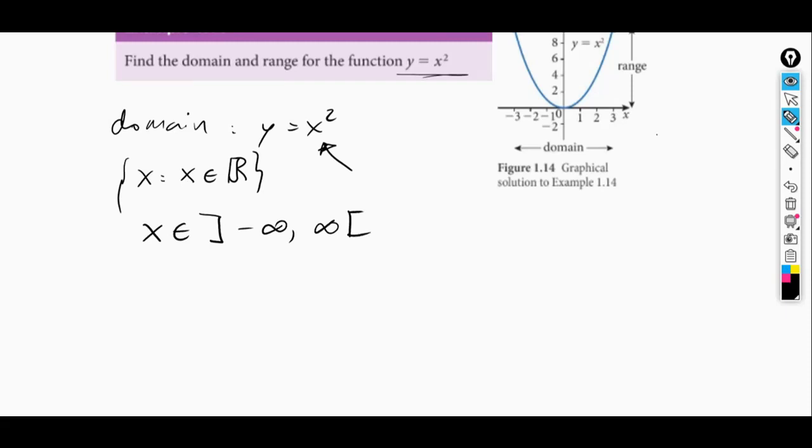Okay, so how about the range? Well, in this case, the range is always going to be positive because if you square any number, the result will be positive. You can see this in the graph right here. Notice that the range starts at y equals 0. In set builder notation, we would say that y is such that y is greater than or equal to 0, and y is real.